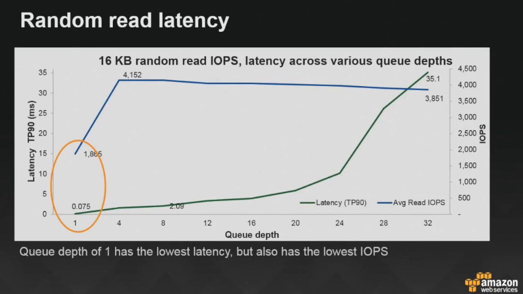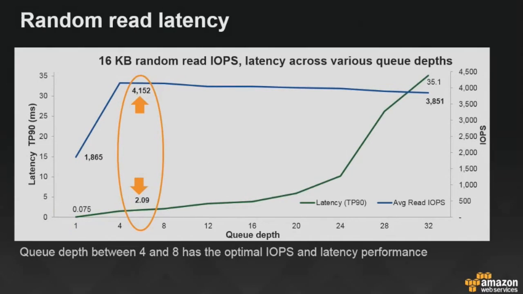This is a 4,000 IOPS volume, so it's a volume capable of doing 4,000 IOPS. And if you look at the queue depth of 1, which I've highlighted here, we're only achieving 1,865 IOPS. So even though the volume is provisioned for 4,000, we don't have enough I/O concurrency to the volume to actually achieve all 4,000.